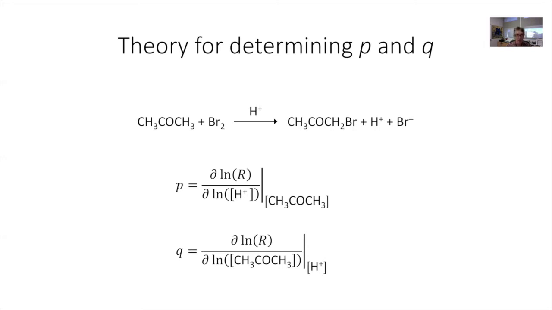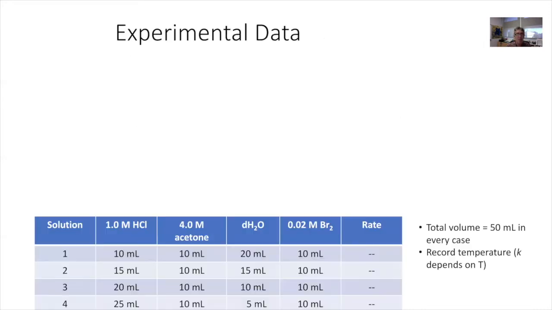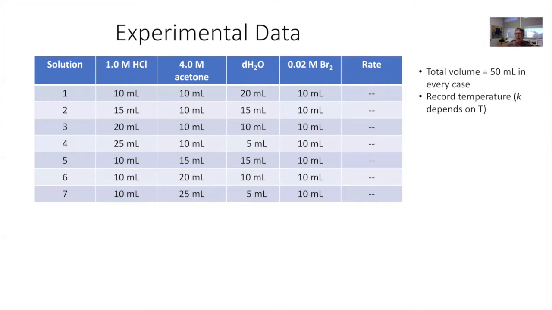So what are we going to measure precisely, and what will our data look like? So, the experimental data. You're going to create a set of solutions. You'll create 7 solutions using hydrochloric acid, acetone, deionized water, and bromine. What you will do is first create stock solutions of particular concentrations.